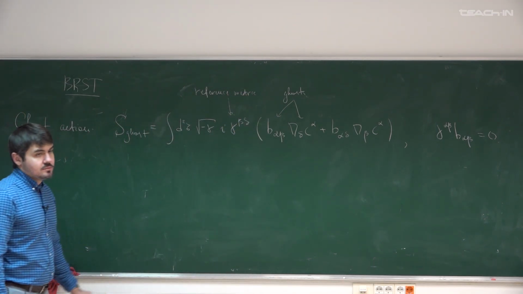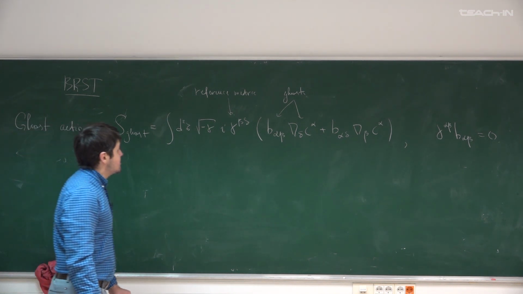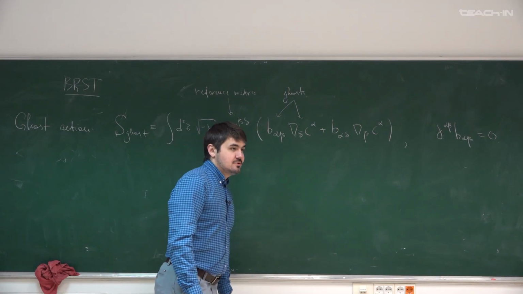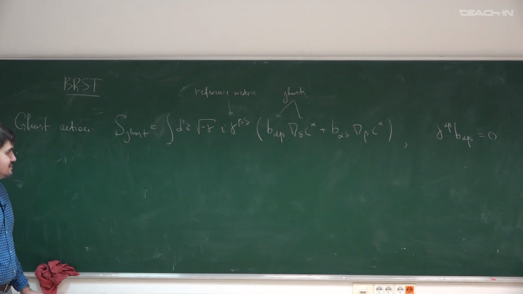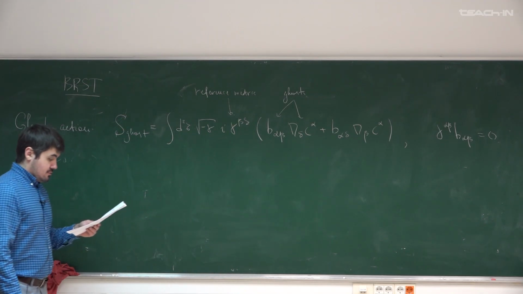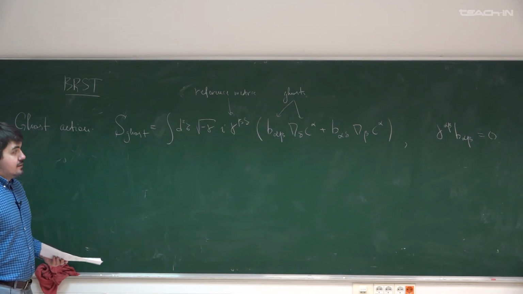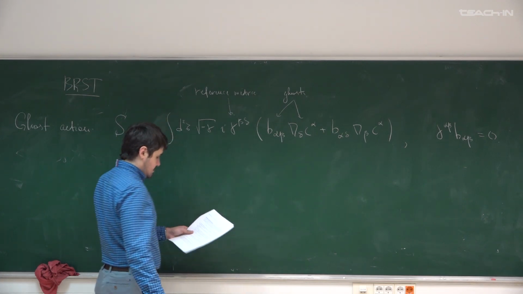And it is useful to keep this metric, for example, for the calculation of the energy momentum tensor of the system, right? The gauges contribute to the energy momentum of the system. So the variation with respect to the metric will give you the energy momentum tensor. But eventually we want to go to conformal gauge, meaning that we pick gamma equal to the unit matrix.